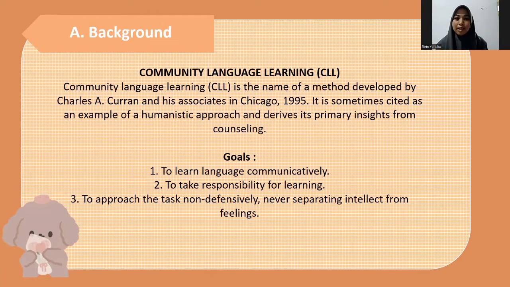It is an approach in which students work together to develop what aspect of language they would like to learn. The teacher acts as a counselor while the learner acts as a collaborator, although sometimes this role can be changed.